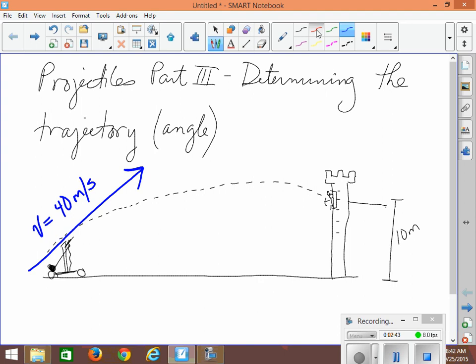And I will also give you information about how far away you are, or the range to the window. And we have to make sure that the numbers we pick will work. So let's use 90 meters and see if that works out for us.